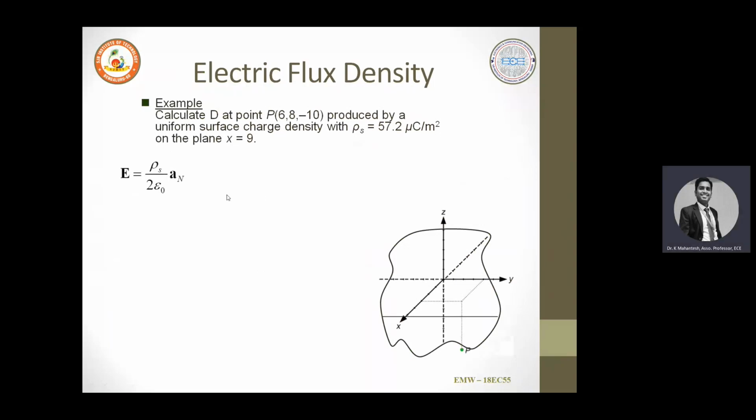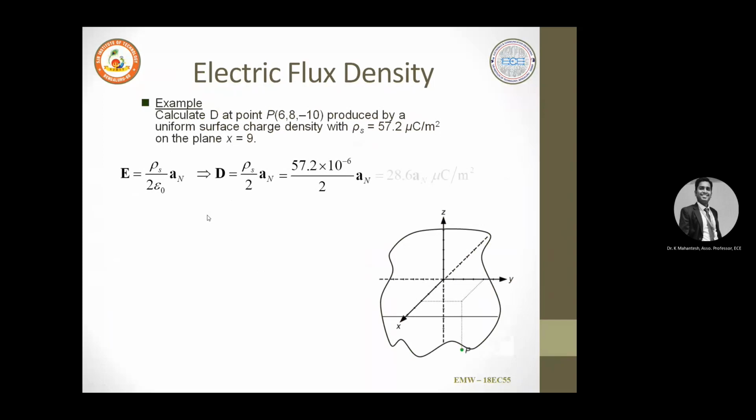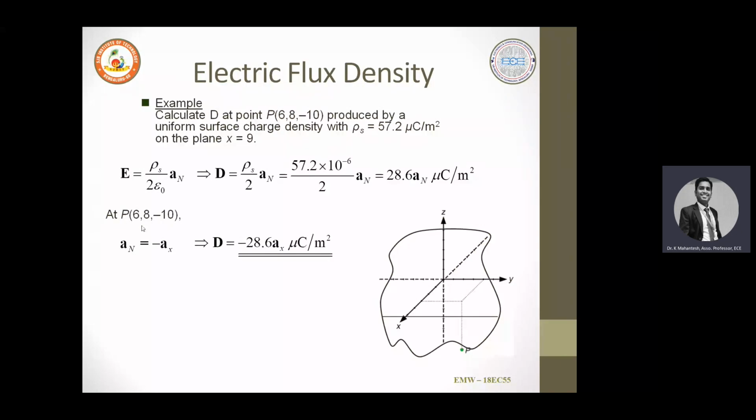We know that E is equal to rho s by 2 epsilon naught, a N, and D is equal to epsilon naught E. Substituting the value of rho s, it comes to 28.6 a N microcoulomb per meter squared. But at point (6, 8, minus 10), a N is equal to minus a x. Now D is equal to minus 28.6 a x microcoulomb per meter squared.